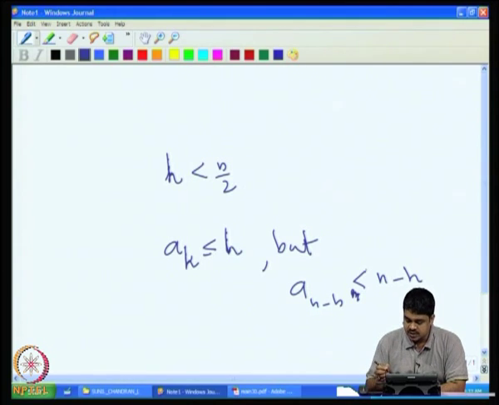Because then we want to say that any sequence which does not satisfy this condition, the Chvatal condition, will be such that there exists at least one graph which has a pointwise greater degree sequence compared to the given sequence, and which is not Hamiltonian.